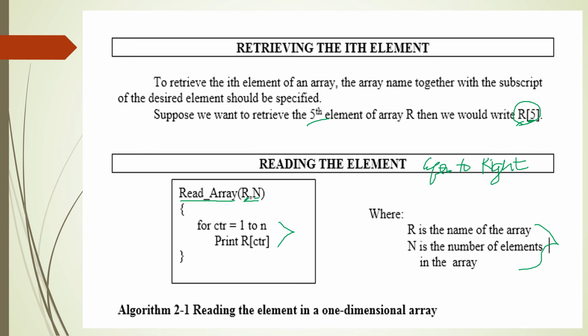Though we have it here, I want you to understand how it happens. So let us have an array named R.